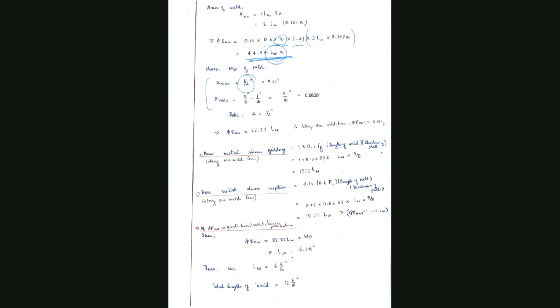Now I need you all to go into the manual where this has been discussed. If you go into Table J2.4, which is on page 16.1, page 111, you have the sizes of weld given.